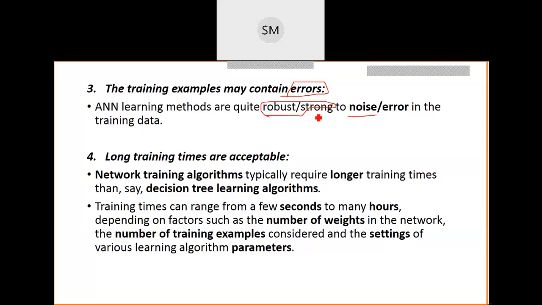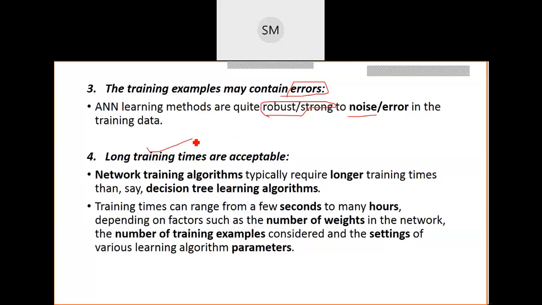Then the fourth category of problems: long training times are acceptable. The training time may be small and may be more, because in only one day nobody can learn any new thing. It takes its own time to learn new things. Similarly, there are problems which take a lot of time to be learned.